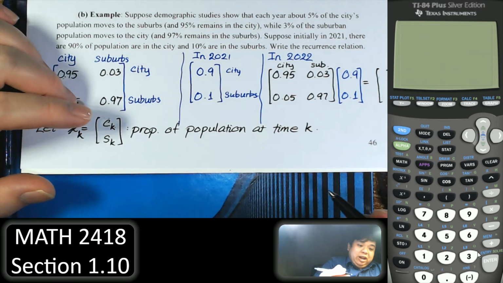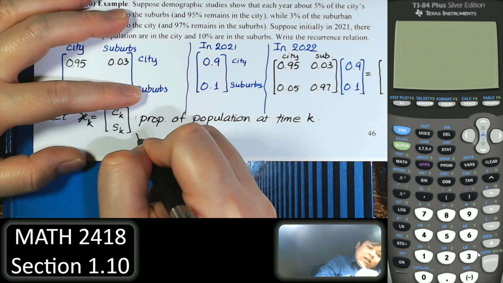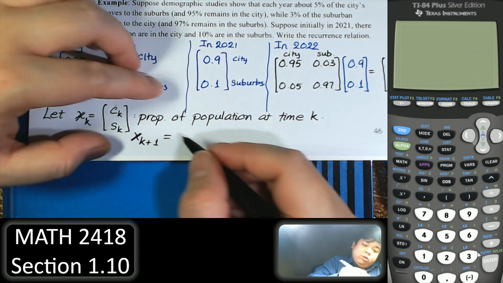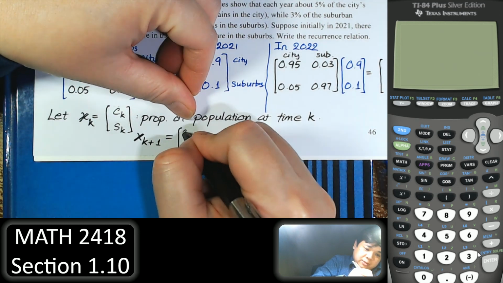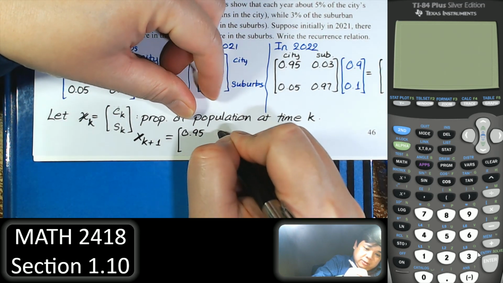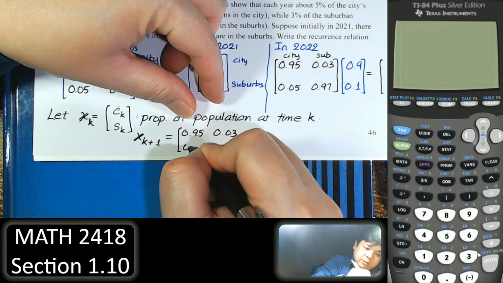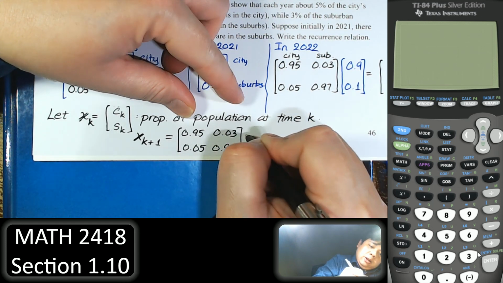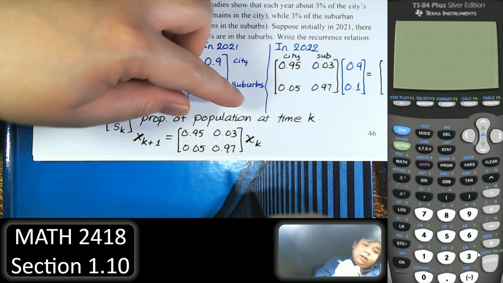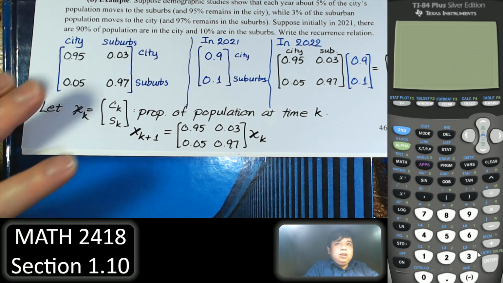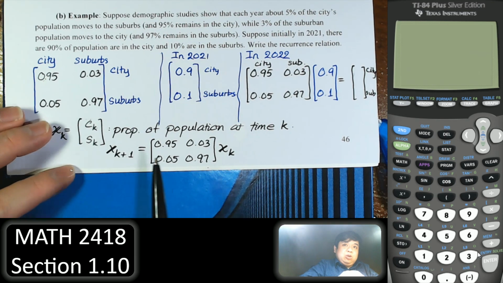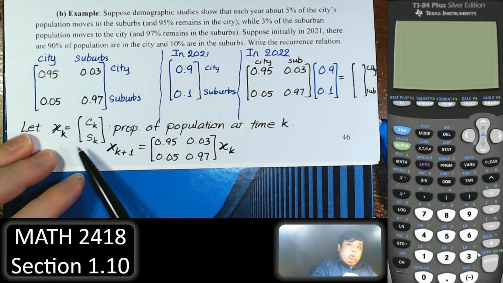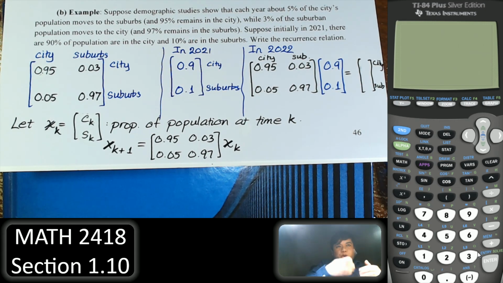Then to get to the next, we say x_{k+1} equals this matrix times the previous one. So pretty much we just do that. And to get to the next year, we just take the matrix and multiply it to what we have this year. We just keep doing that.